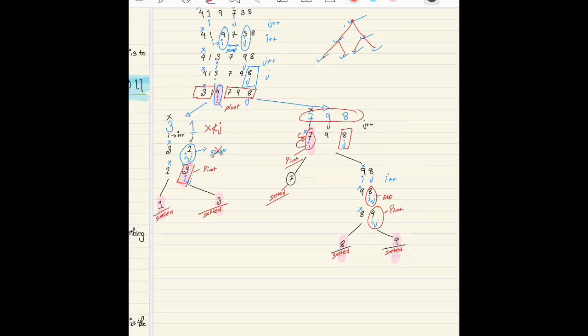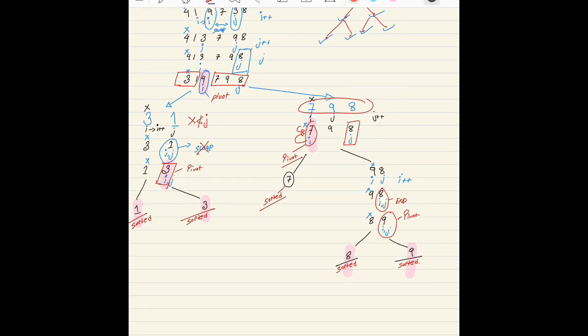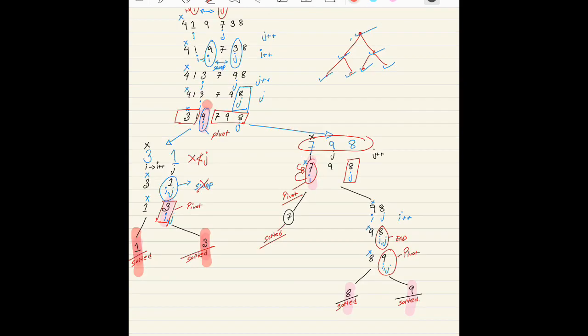Okay, so let's try to do that. So this is the whole tree, this is the main root, and these are the leaf nodes, right? So this is your first value, so let's write that down. So 1. This is your second value, so 3. This is your third value, which is 4.